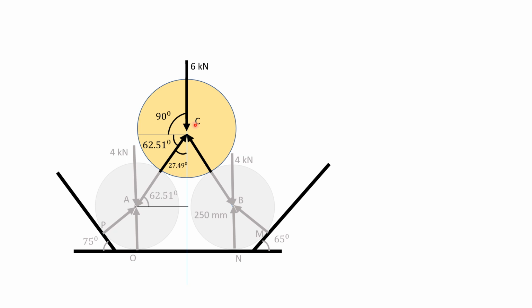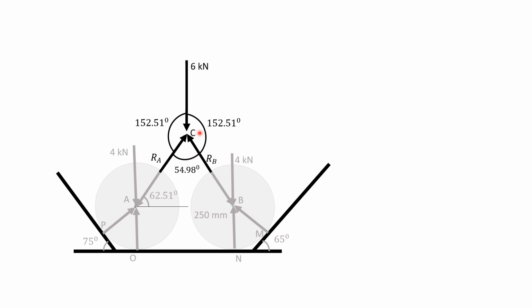Now this angle is 90, so the total angle will be 152.51 degrees, and this angle will be 54.98 degrees, because this angle and this angle will be equal, as both spheres are symmetric about this 6 kilonewton force, and this angle will be 152.51 degrees.